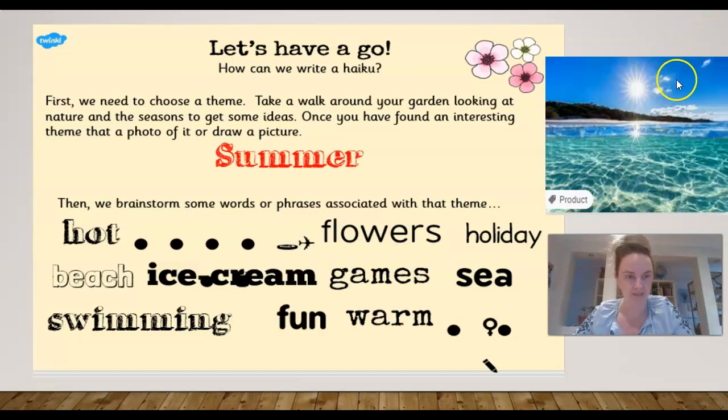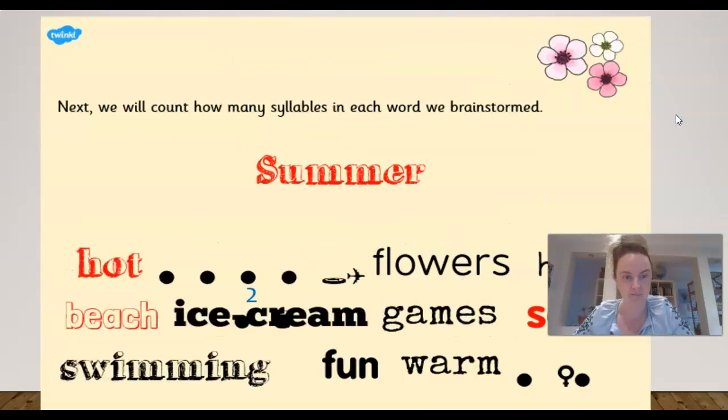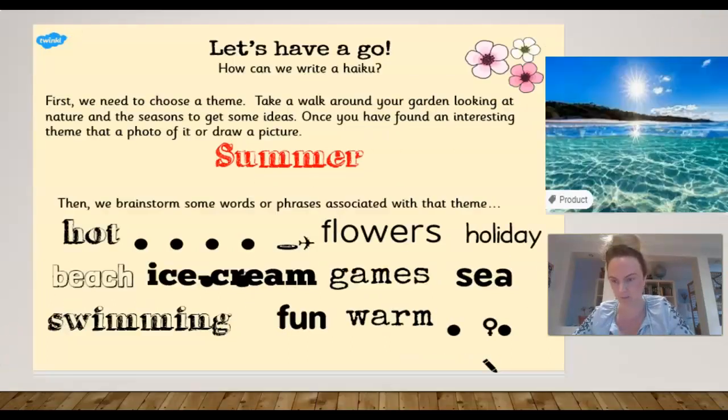So I've got my picture here, and I've put, whoops, we'll go back. I've got my picture. So I've done the first task. I've gone for a look. I've found my picture. I've taken my picture, and it's summer.